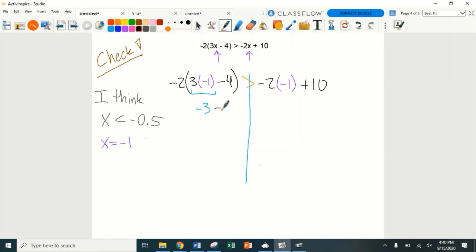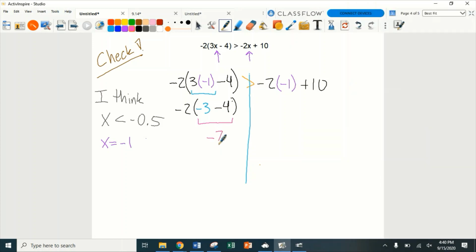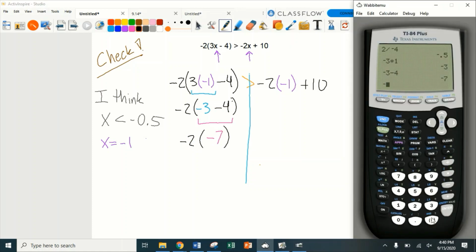To that, I'm going to subtract 4 and multiply the whole thing by -2. Next up, -3 minus 4 gives me -7. So I'm going to multiply -7 by -2. That gives me a positive 14.